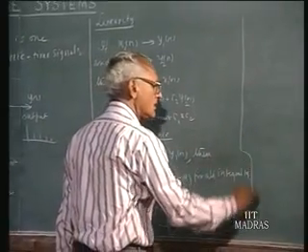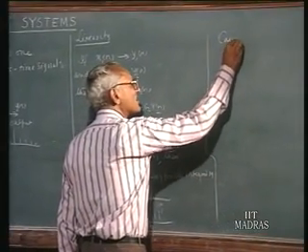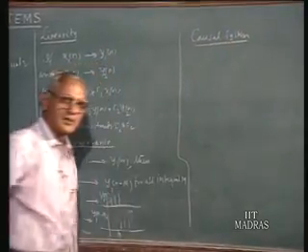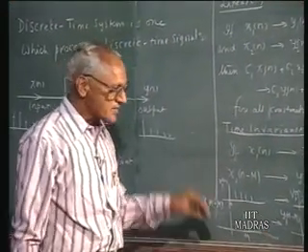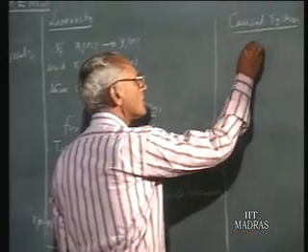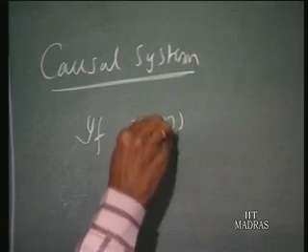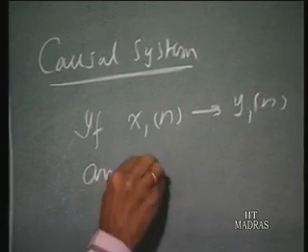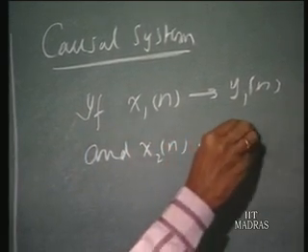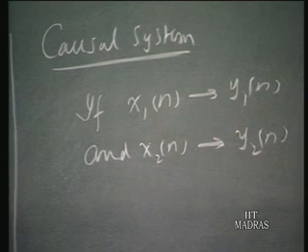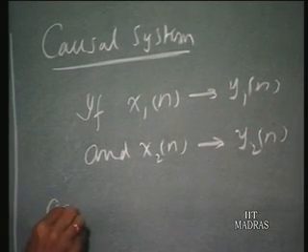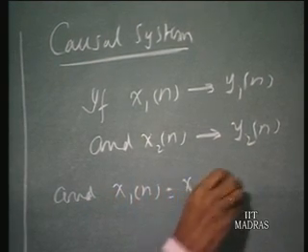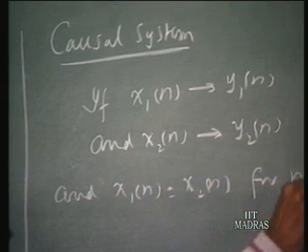Thirdly, causal system. What is meant by causal system? The causal system essentially means if x1 of n produces y1 of n and x2 of n produces y2 of n. Furthermore, x1 of n equals x2 of n for n less than or equal to m.